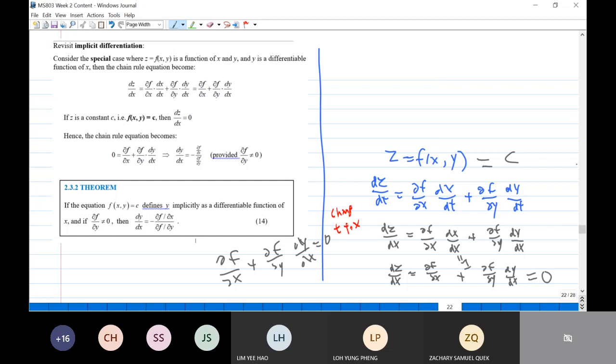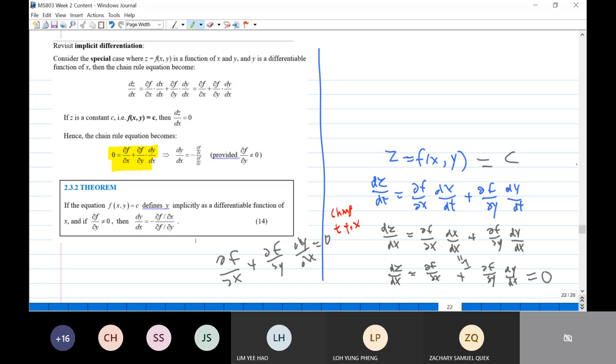So you can rearrange them and get dy dx. Dy dx is negative of df dx over df dy, provided the denominator is not equal to 0.